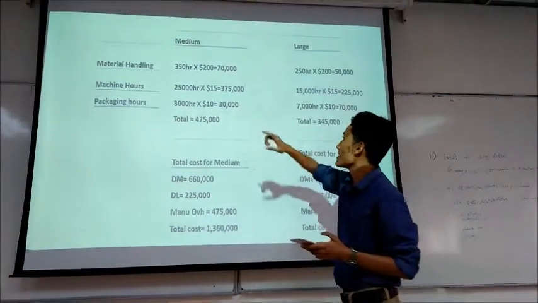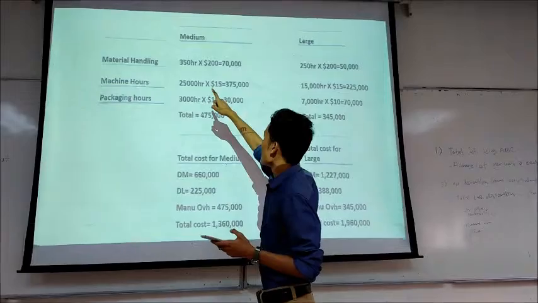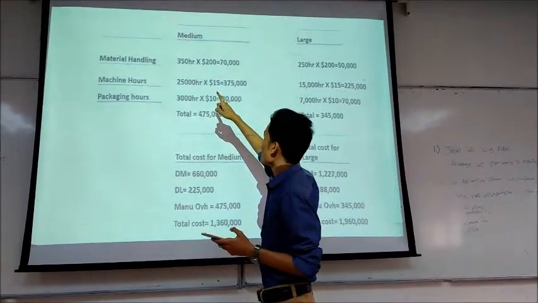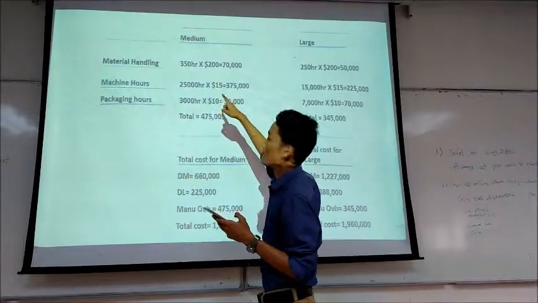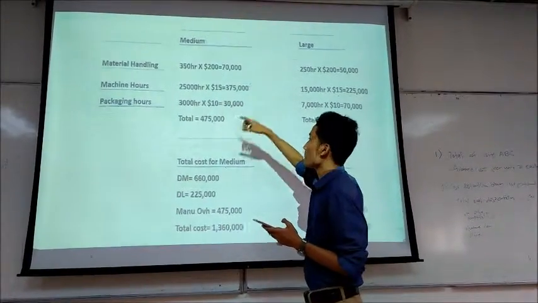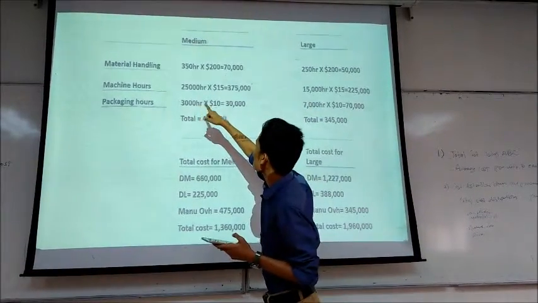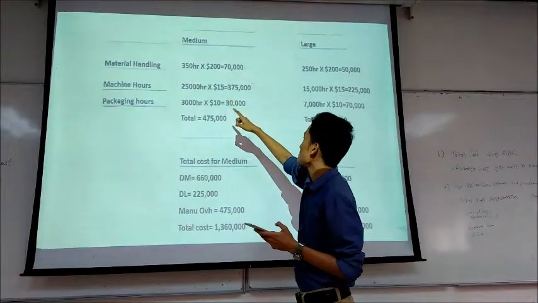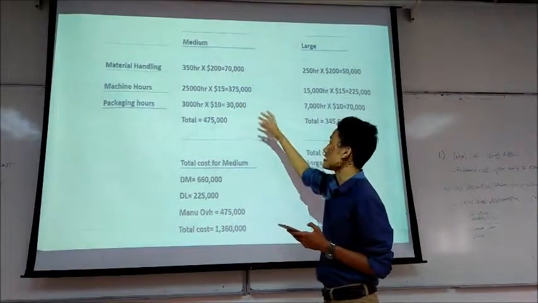So firstly, we have to calculate the material handling with 350 hours, the activity levels times 200, and you'll get 70,000. And then for machine hours, 25,000 hours of activity levels times the rate, you get 375,000.